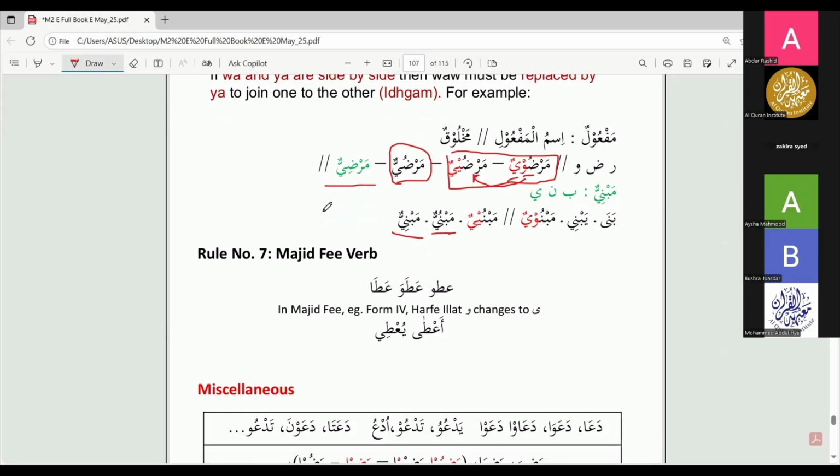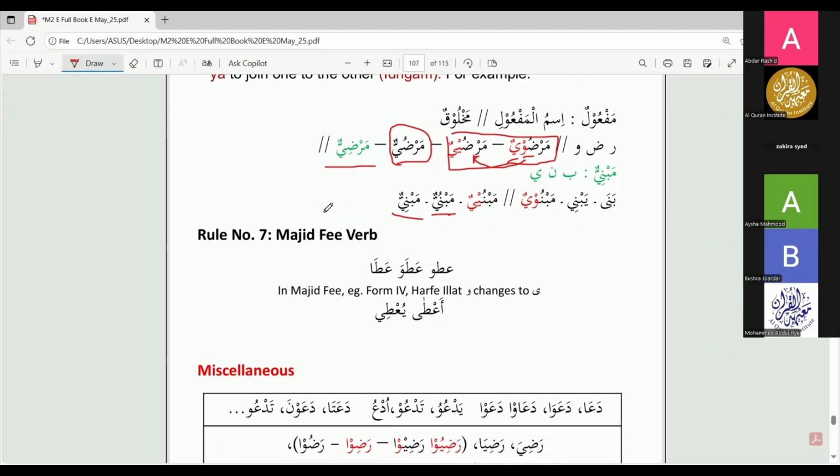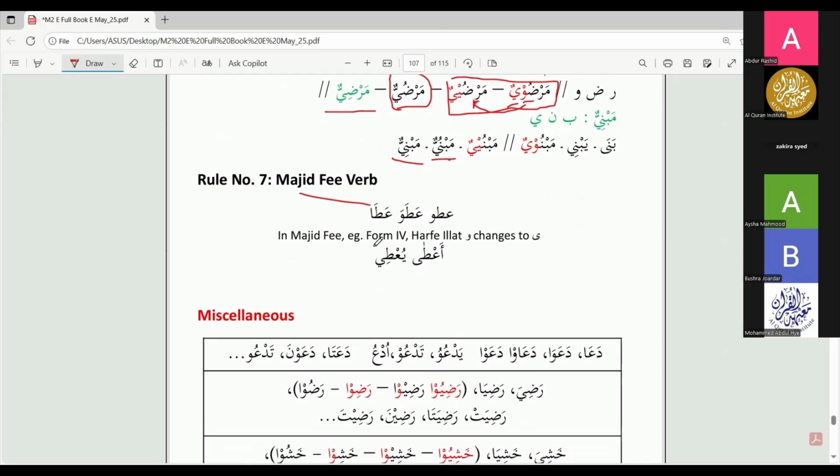And rule number 7, Majid fi verbs, we know that it is more than 3-letter verbs, extra letter verbs. So here it basically says that in form 4, first of all, let's see again, just atawa. Atawa, we have a fatha. So as per the rule number 1, we know that this waw should be changed to alif. So ata it becomes.